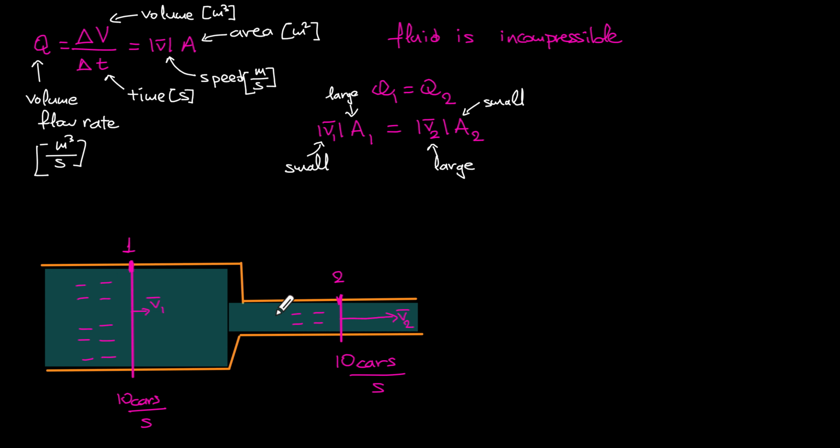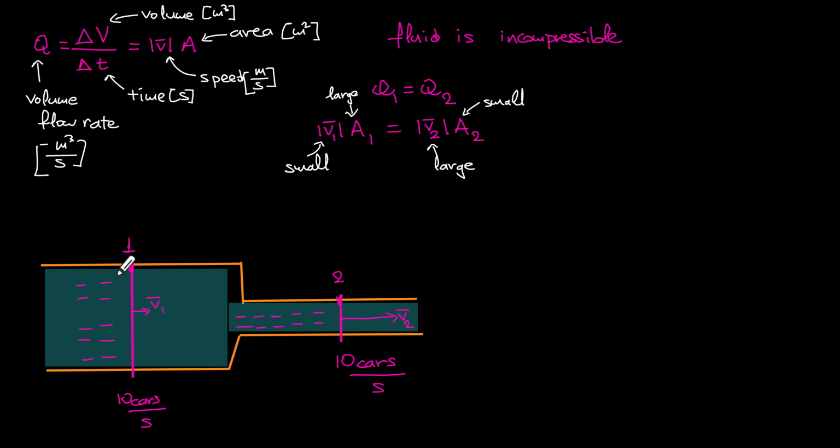Whereas here, if I want 10 cars to pass, these guys need to move significantly faster in order to make it to point 2 in 1 second, compared to here where you have only two rows of cars. The same idea is true with the fluid.